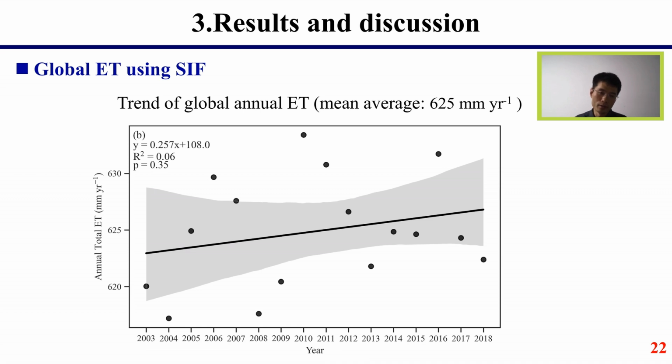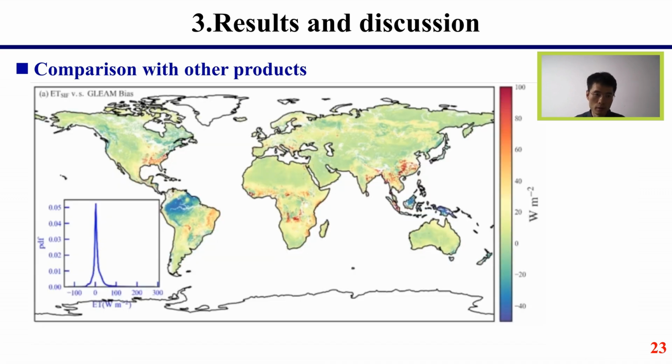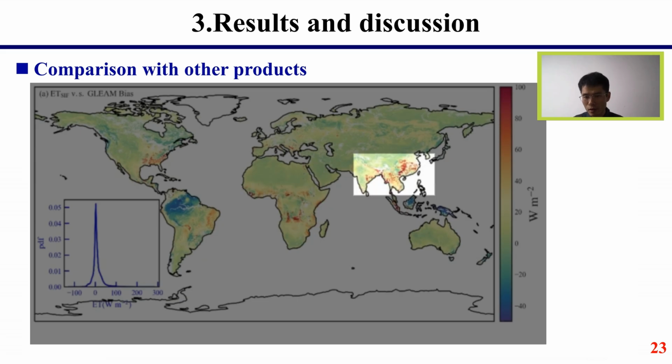Next, we compared our product with other evapotranspiration products. This is the difference between our ET estimation and the GLEAM product. If we look at the map, we can see some pronounced difference over the tropical regions, like Central Africa and Southeast China.